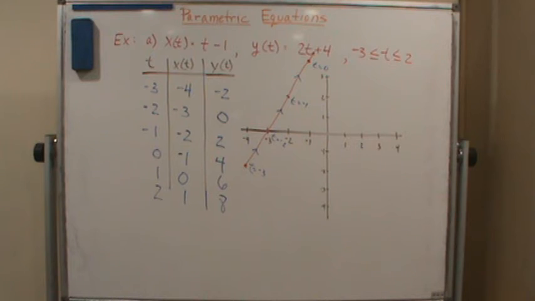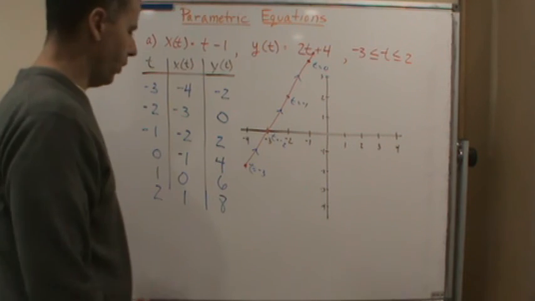Okay, and that's important to know because again, t, for example, if we're talking about time, this represents position as a function of time, but again, t could mean other things as well. Okay, so the arrows tell us the orientation of the graph.